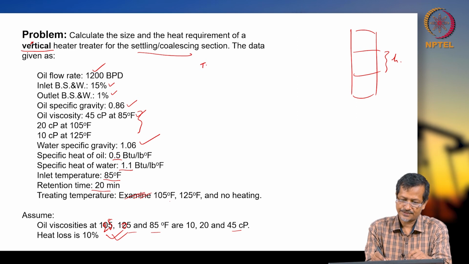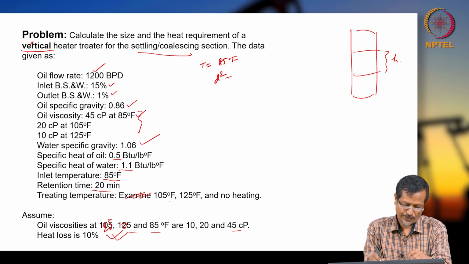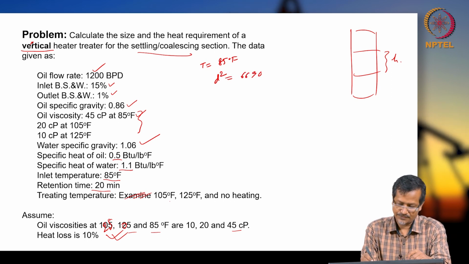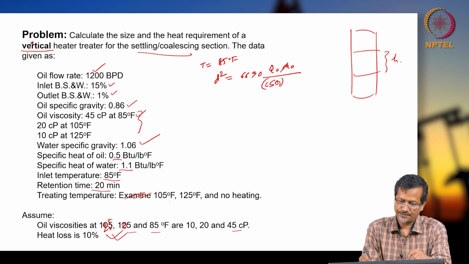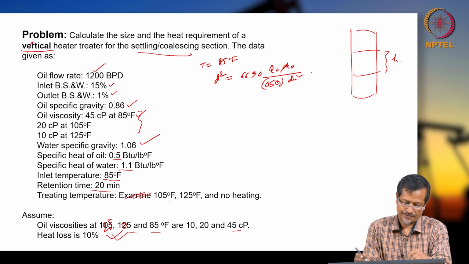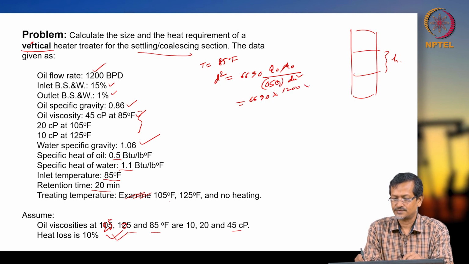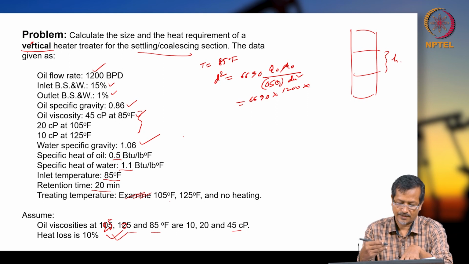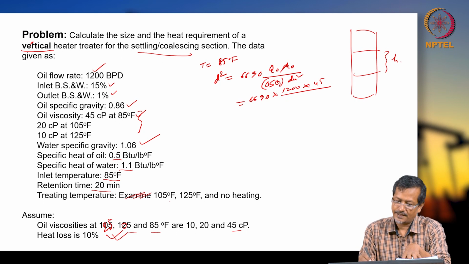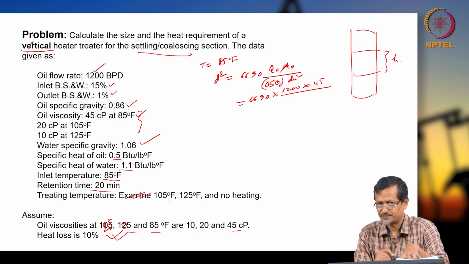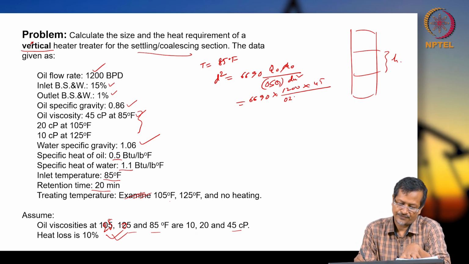For T equals 85 degrees Fahrenheit, d square equals 6690 Q_o mu_o divided by (SG delta SG d_m square). Putting in the values: 6690 into 1200, mu_o for 85 degrees is 45, as given there. Delta SG we assumed in the previous problem is not changing although we are changing temperature, so 0.2 is fixed.